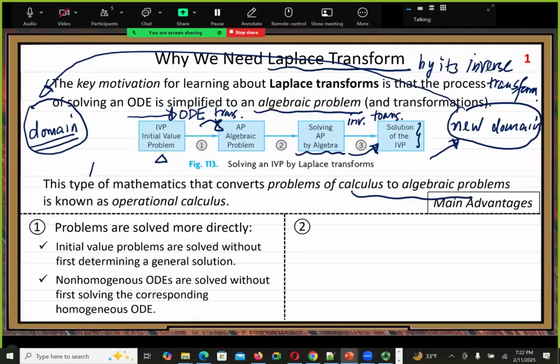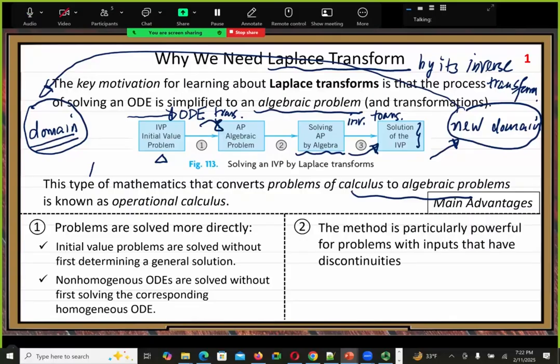All right. Then this circle number 2, another important advantage: the method is particularly powerful for problems with inputs that have discontinuities.